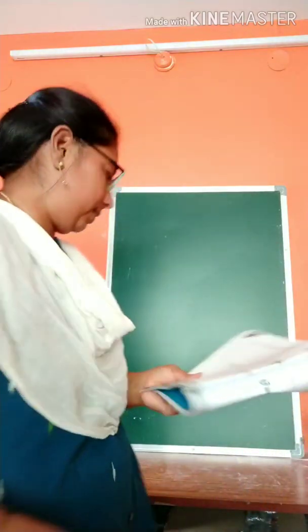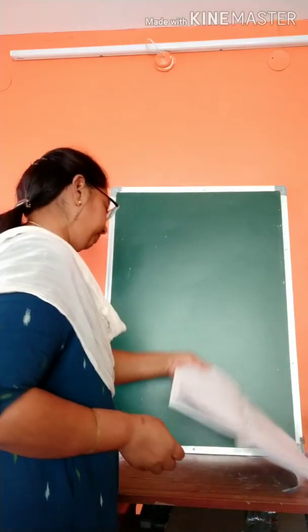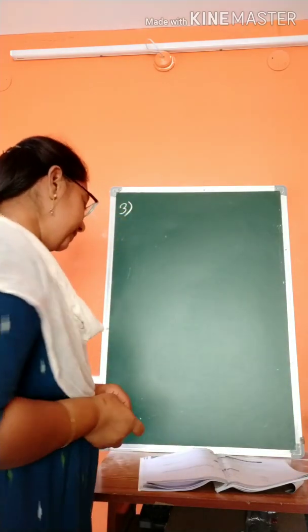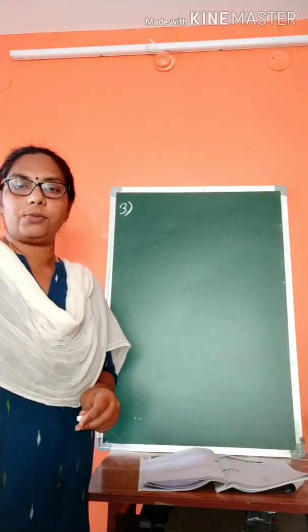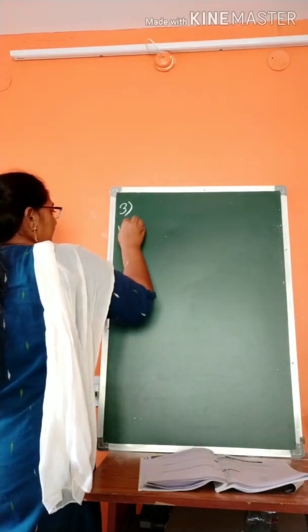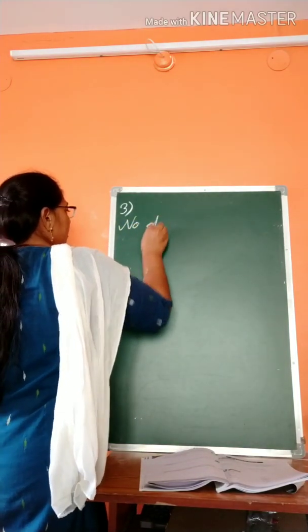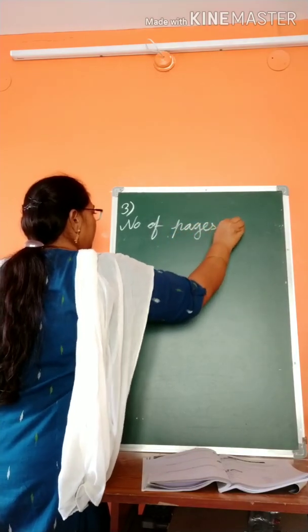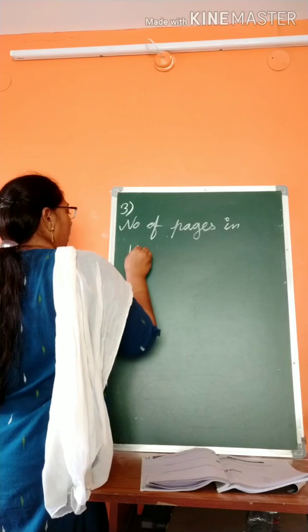Okay, children. Now we will see how to write the statement. Third sum, children. As it is the number of pages, how to start? Start the statement as number of pages in one notebook, children.